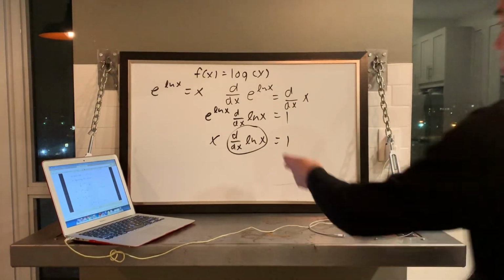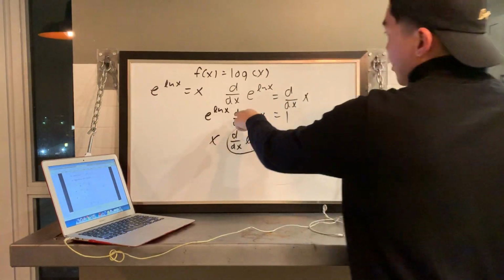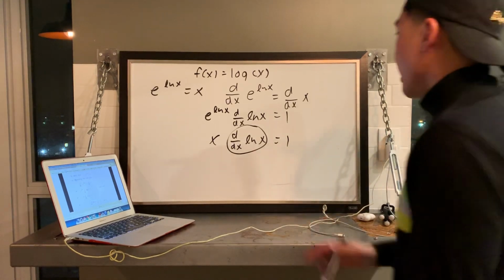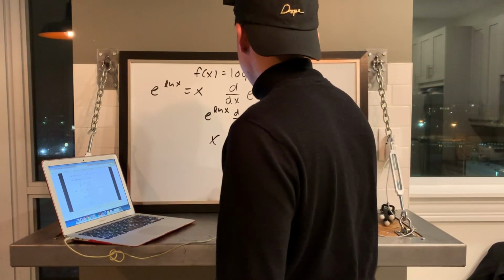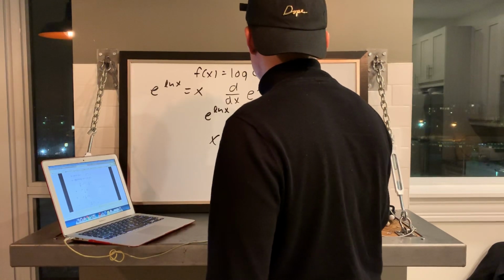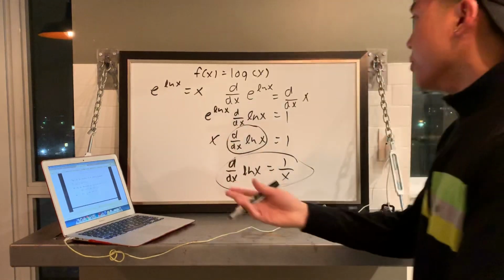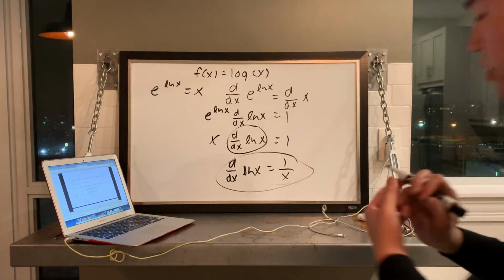I took the derivative of both sides, that's 1, that's e to the log x times the derivative of the argument, which is log x. Divide both sides by x, so the derivative of log x is indeed 1 over x. That's what we're going to use moving forward: the derivative of log x is 1 over x.